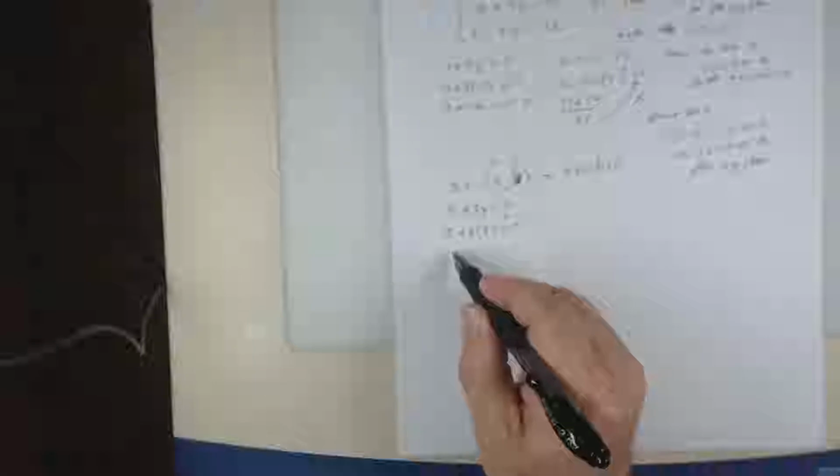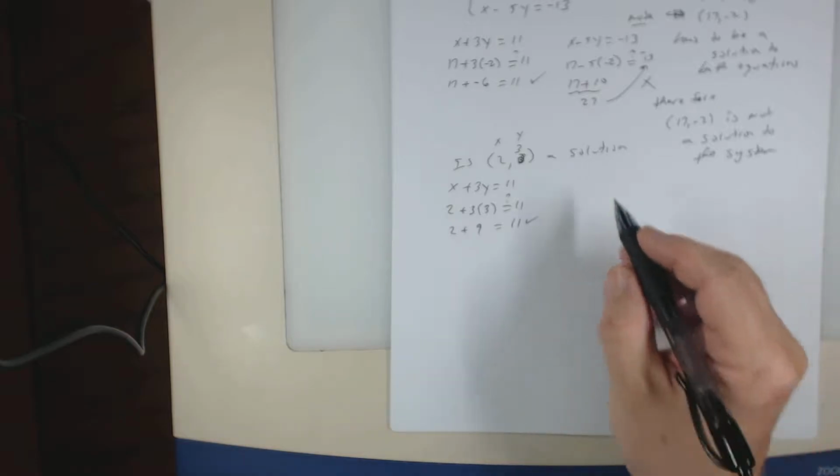And so you got to check each equation, though. So let's do the first one. x plus 3y is equal to 11. So what's x? Plus 3 times y, what's y? So the question is that equal to 11? 2 plus 9, is that equal to 11? Yes. All right. So (2, 3) is a solution to the first equation, but we got to make sure it's also a solution to the second.